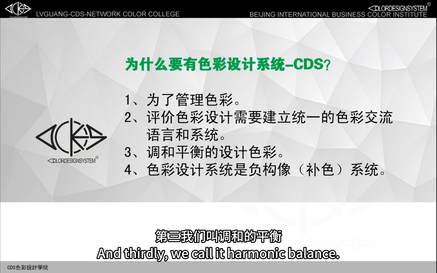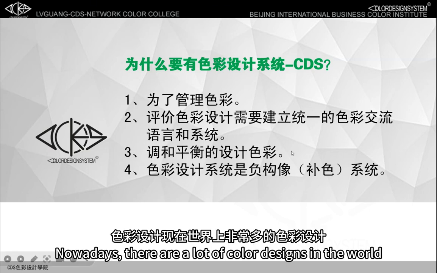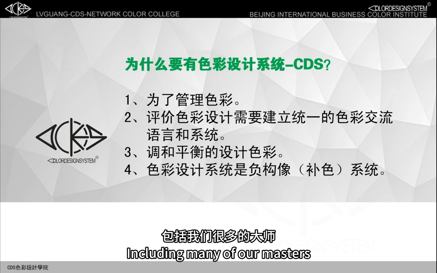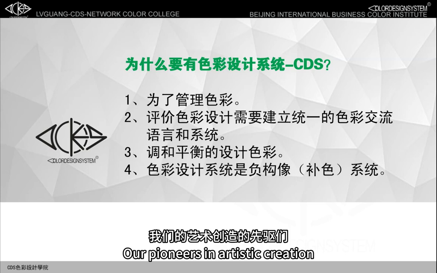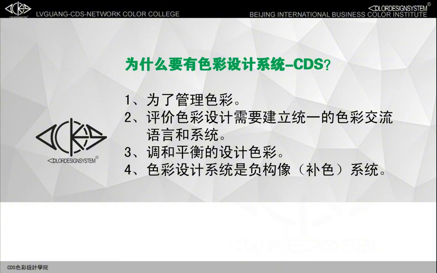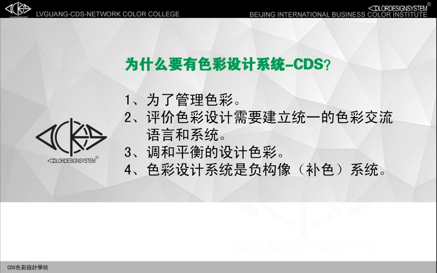And thirdly, we call it harmonic balance. Nowadays, there are a lot of color designs in the world, including many of our masters, our pioneers in artistic creation. They painted a great deal of art. In society, a large number of genuine works of art have been left in the world.